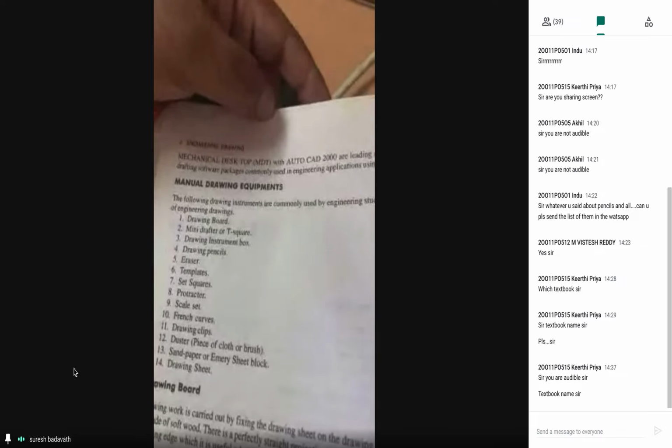These are the following drawing instruments commonly used by engineering students in engineering drawing practice.